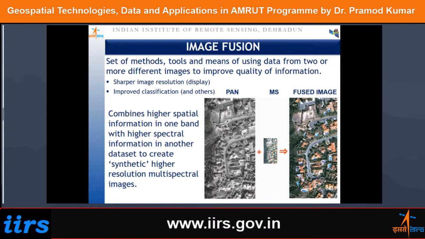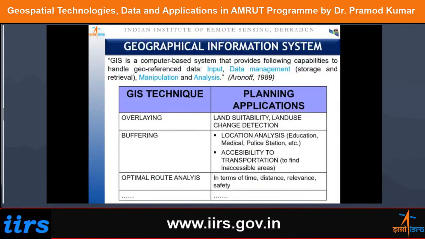That's how it is now called GNSS. This has relevance in the AMRUT scheme for collecting DGPS points, GCPs, and also for feature data or point of interest data collection. That's how GNSS has an important role.